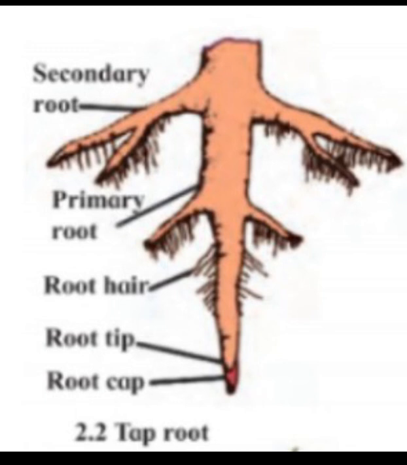Yes, we'll start from the bottom: root cap, root tip, root hair, primary roots and secondary roots. Now can you all see hair like structures on this taproot? Yes, these hair like structures which the roots bear near the root tip are called root hairs. These are the hairs of the root.